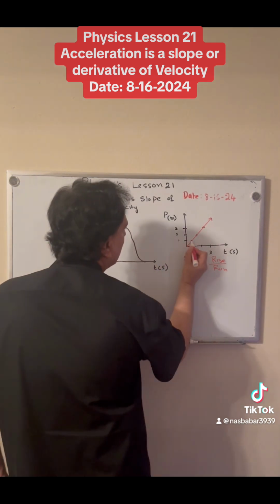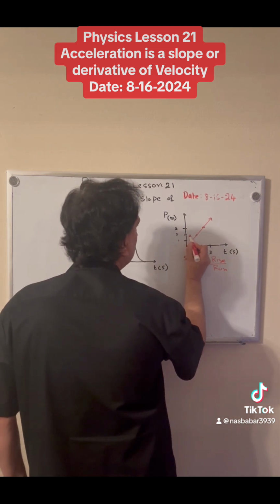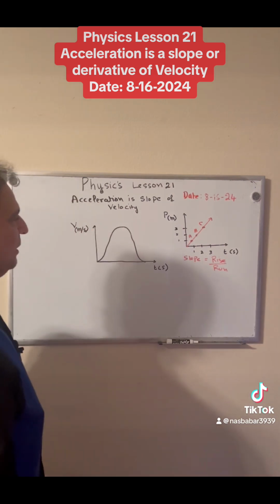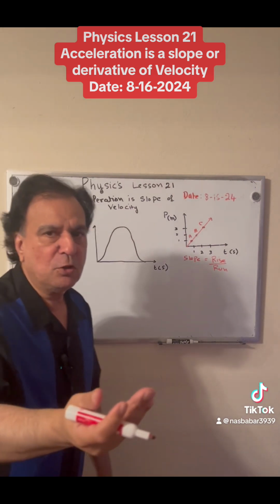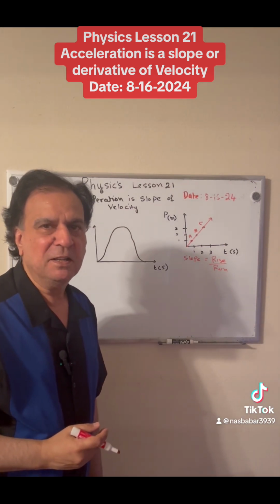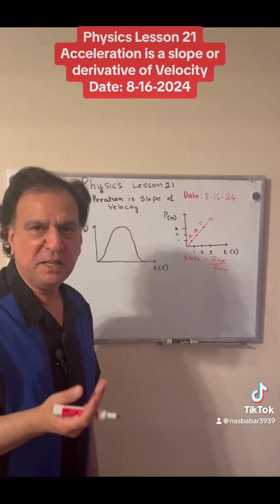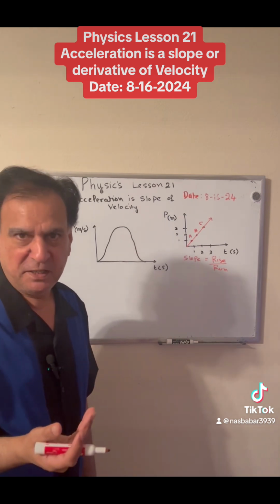So let's mark these points A, B, C, right? What is my velocity at point A? In other words, what is my derivative at A, or what is my slope at A?